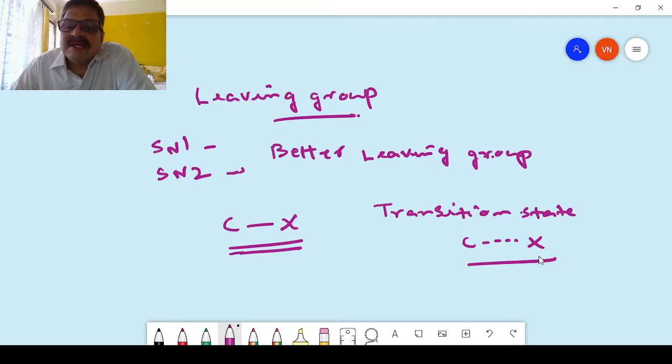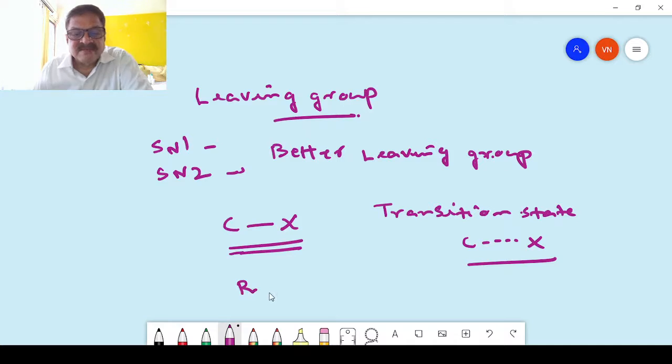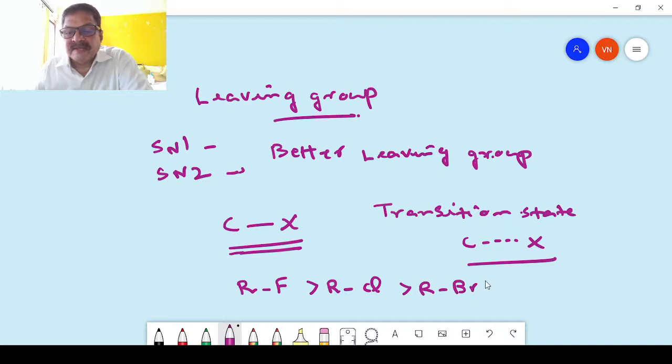Now, increasing leaving group ability will increase the rate of the SN1 and SN2 mechanisms. Therefore, for R-X, in the case of halogens, we have fluorine, then chlorine, then bromine, then iodine.